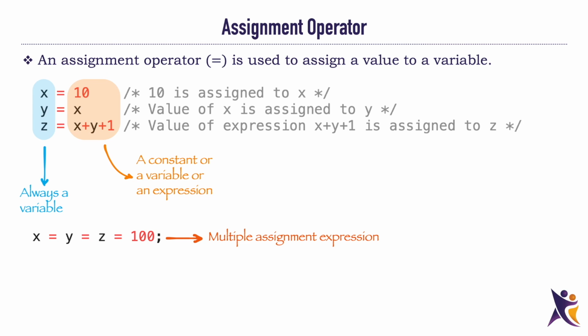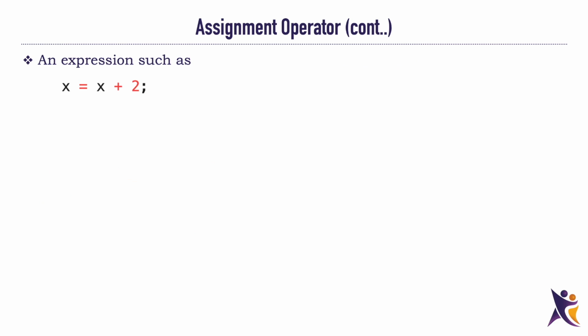Many times you may need a variable which is on the left hand side to also appear on the right hand side, something like this. In this expression we have x equal to x plus 2. Here x appears in the left hand side as well as the right hand side, right?